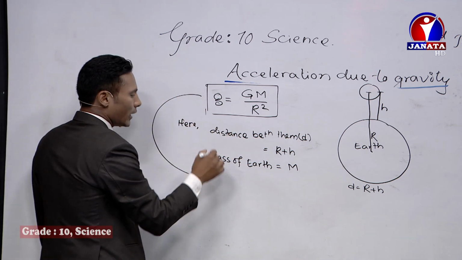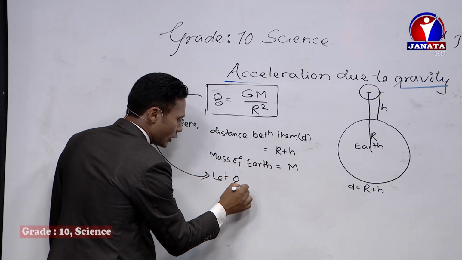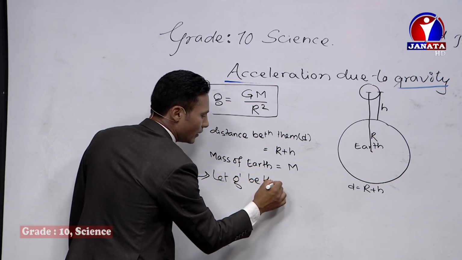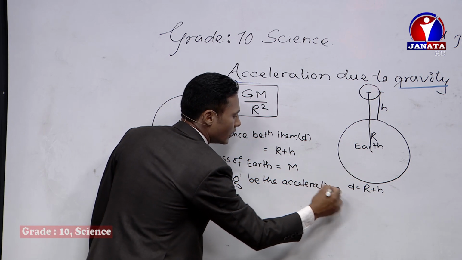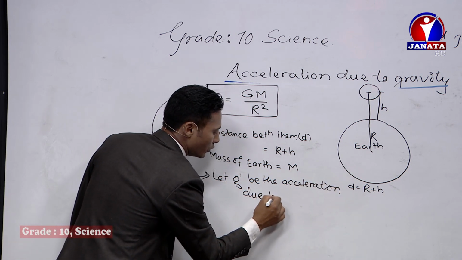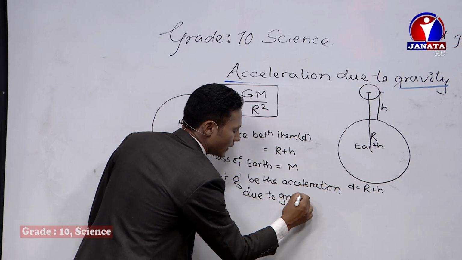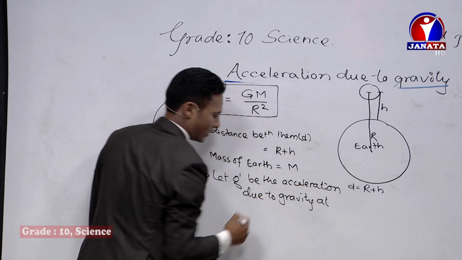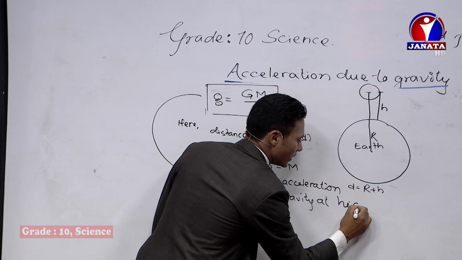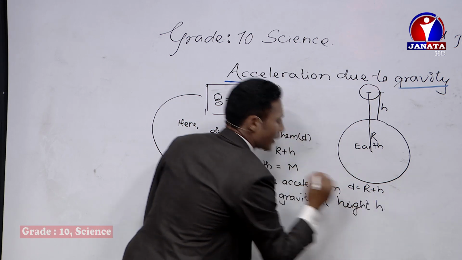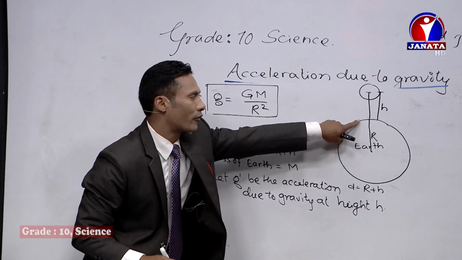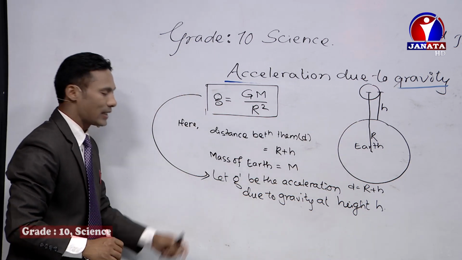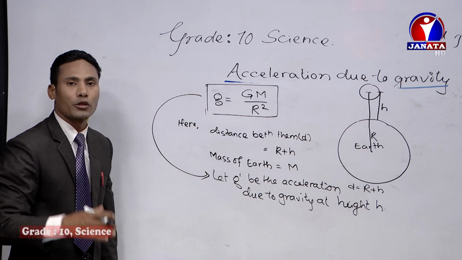So let g dash be the acceleration due to gravity at height h. g is the representation at the surface of earth, and g dash is the acceleration due to gravity at a certain height.